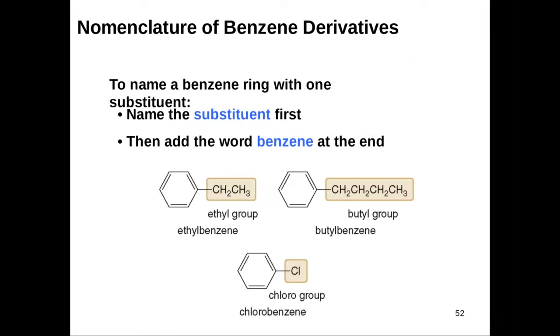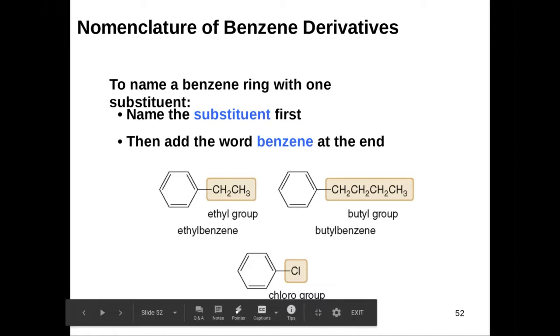Now, in terms of naming benzene rings, it's kind of business as usual with the IUPAC, but we have to think about it in a slightly different way. In this case, we have benzene, 3 double bonds, 6-member ring. We have to first name the substituent. So in this case, we have an ethyl group, or a butyl group, or in this case, we have a chlorine, so it's a chloro group.